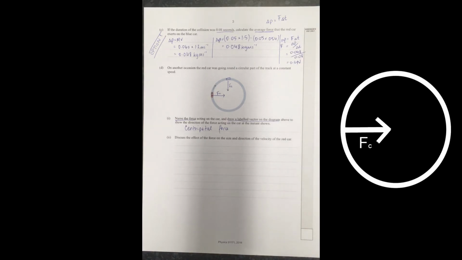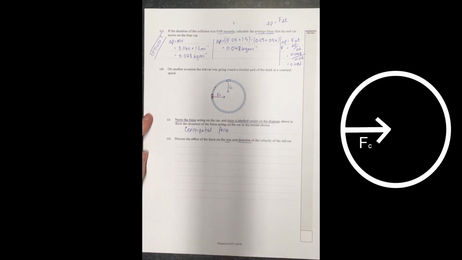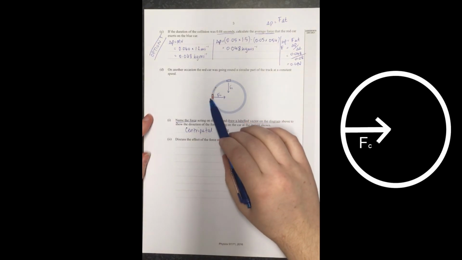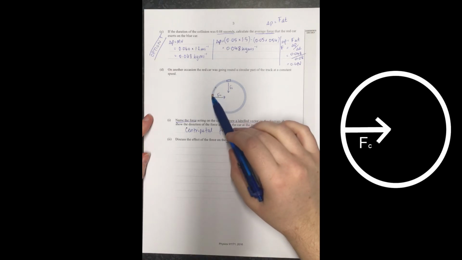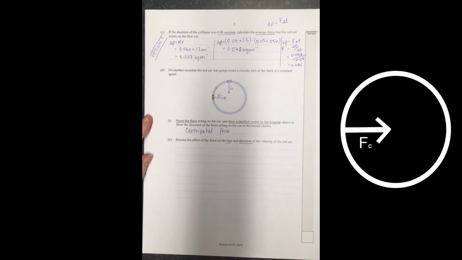Okay, part 2. Discuss the effect of the force on the size and direction of the velocity of the car. The first thing about this force is it changes the car's direction. It is constantly pulling or pushing the car towards the centre of the circle.